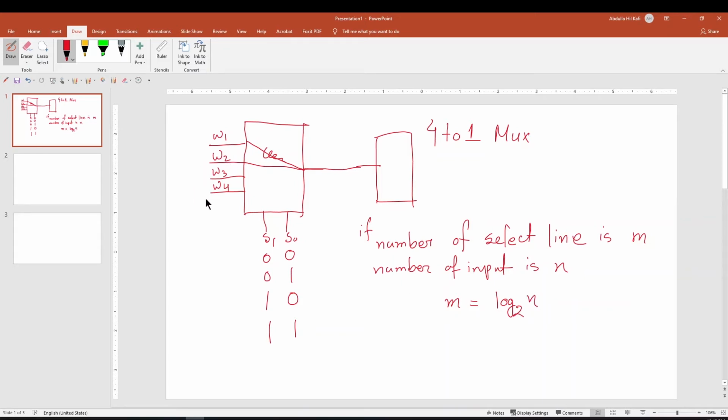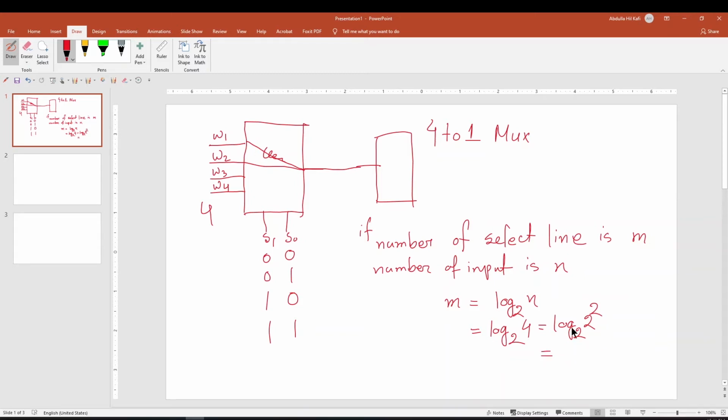In this case we have four inputs, so we can write log 2 of 4, and 4 can be written as 2 to the power 2.